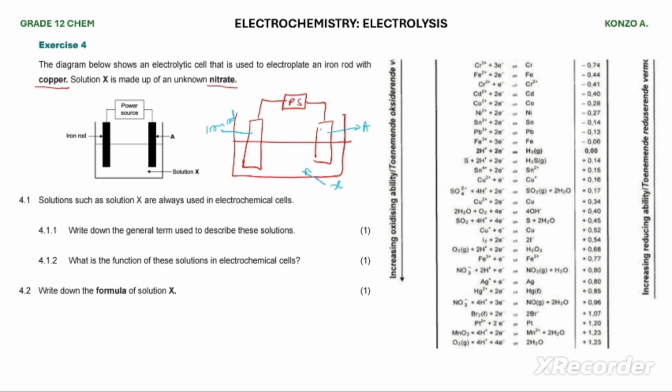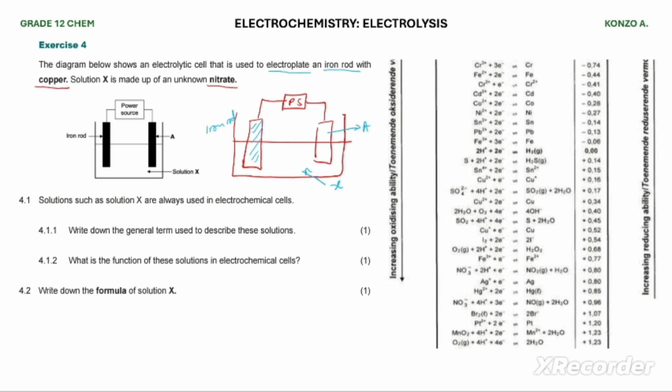Let's try to understand what's going on here. The diagram shows an electrolytic cell that is used to electroplate an iron rod with copper. So we are trying to electroplate what's on the left-hand side, the electrode I'm shading, using the electrode on the right, which is copper.